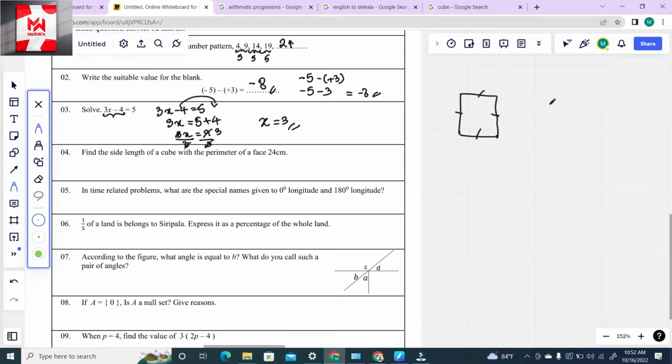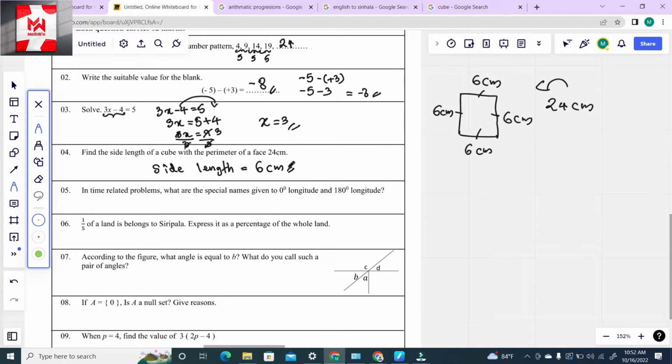If the perimeter of this face is 24 centimeters, the sides should be 6 centimeters, 6 centimeters, 6 centimeters and 6 centimeters. Therefore the side length is equal to 6 centimeters.